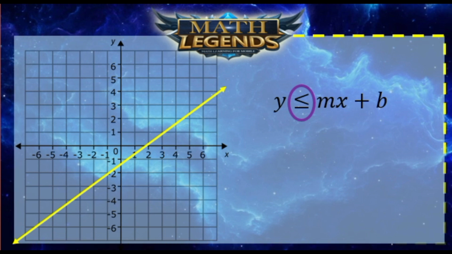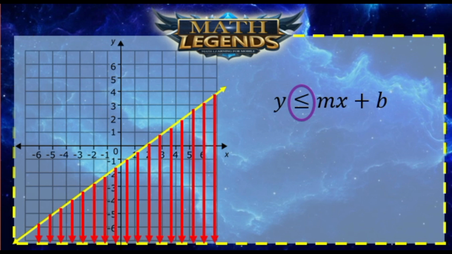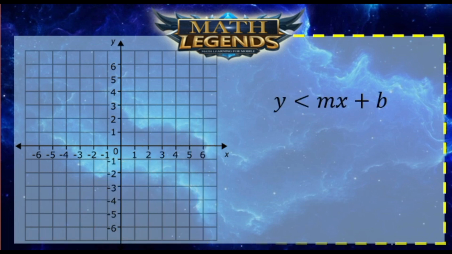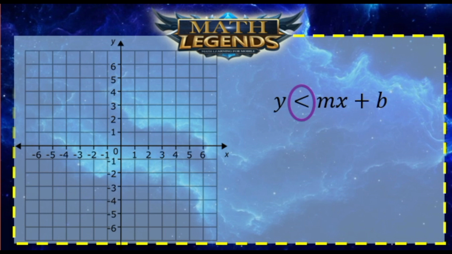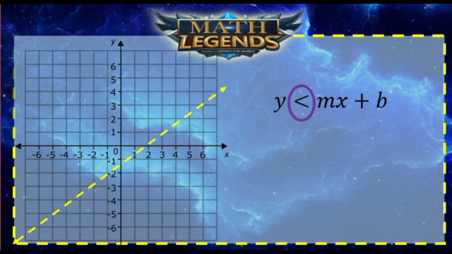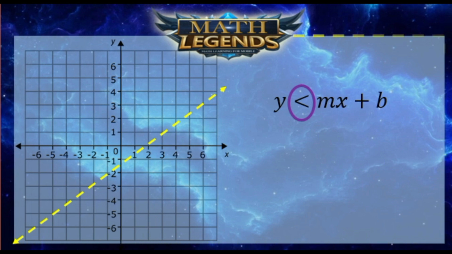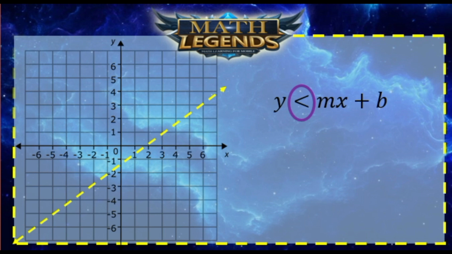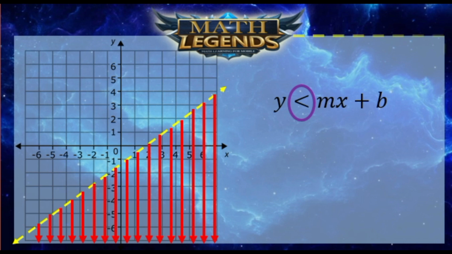And since it is less than, we're going also to include the value that is below the line. But then if we have a given linear inequality wherein that is less than, in here we're going to use a broken line representing that the line is not included as part of the solution. And since it is less than, we're going to include the value that is below our given line.